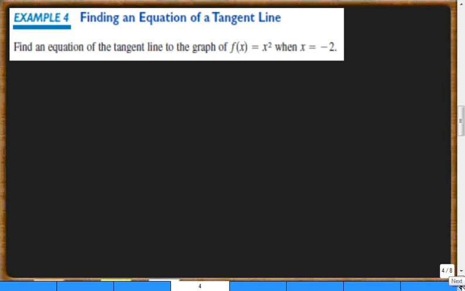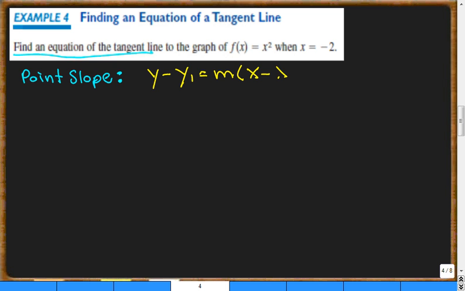For example 4, it says find an equation of the tangent line to the graph of f of x equals x squared when x equals negative 2. So first off, for the equation of a line, you're going to use the point slope formula, which looks like this: y minus y1 equals m times x minus x1.